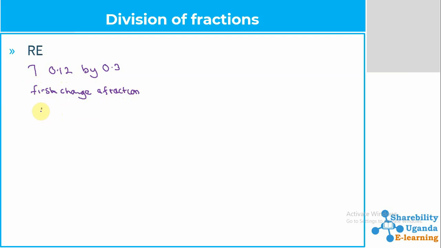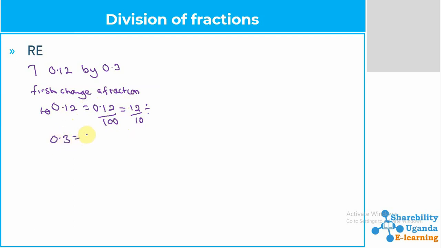We have our 0.12, which is the same as 0.12 out of 100. So this is now the same as 12 out of 100, divided by what do we have here?